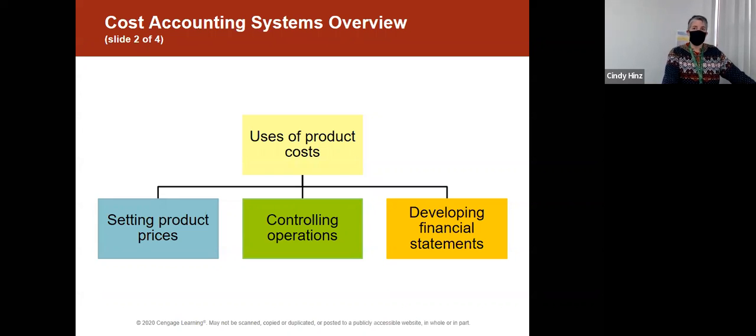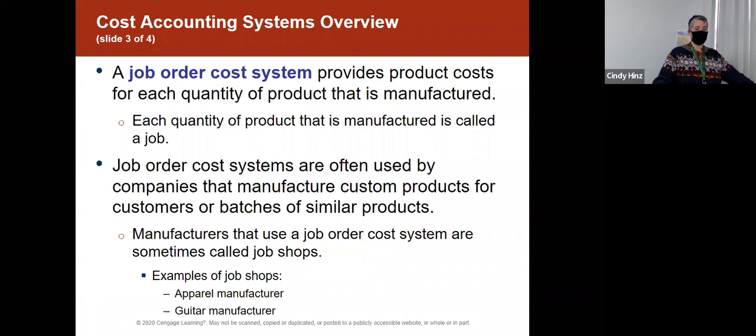It's really about controlling our operations, making sure that we are being efficient and effective, and that we are not charging our customers too much, so that we lose sales because we're overcharging. At the same time, we need to charge enough to leave a reasonable profit margin to meet our targets or our projections. So knowing an accurate cost is important in a number of ways for internal decision making.